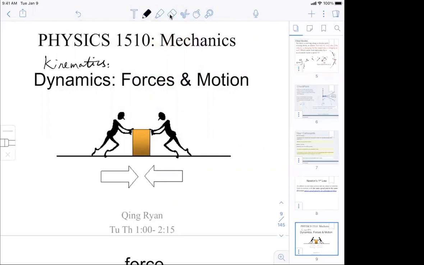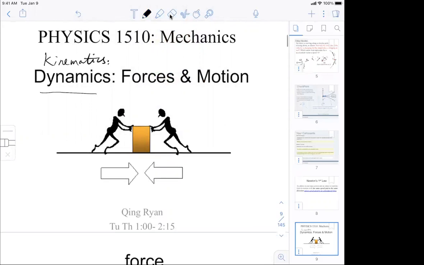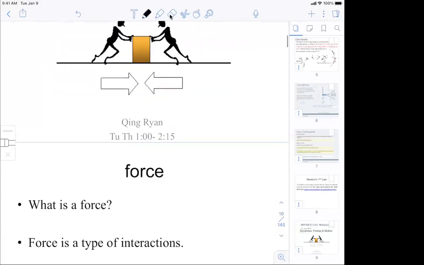These are quantities which describe motion. Then dynamics relates forces and motion together, and is mostly described with Newton's second law. We will have a lot of practice problems on Newton's second law.